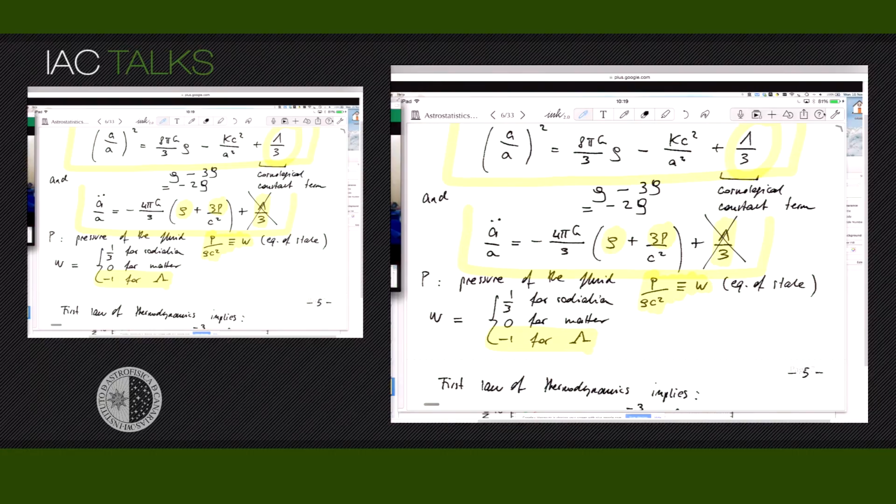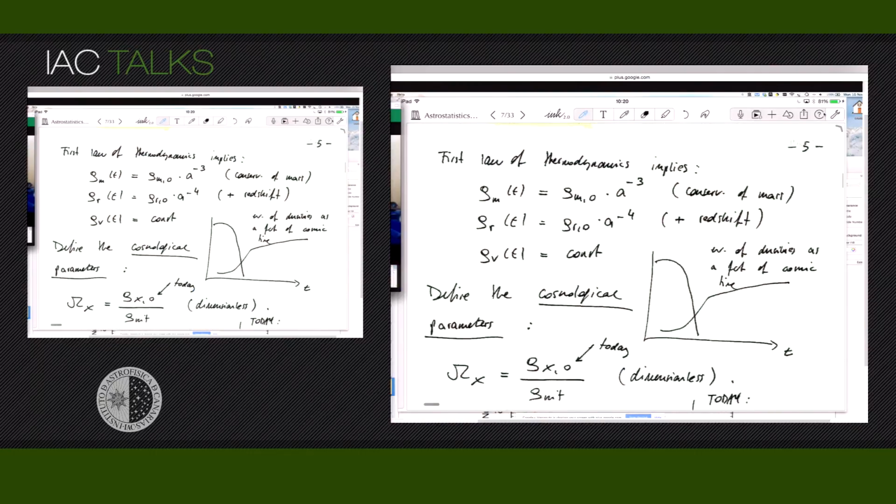Instead, if you have radiation or matter, you can immediately see that the right-hand side term is going to be negative because there's a minus here, and a double dot is negative, which means that the universe slows down. Okay, so that's the key difference. The cosmological constant makes the universe expansion accelerate, while other kinds of matter energy, such as radiation and normal matter, including dark matter, make the universe slow down.